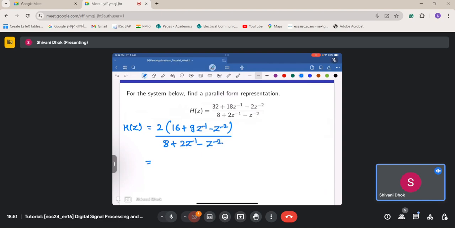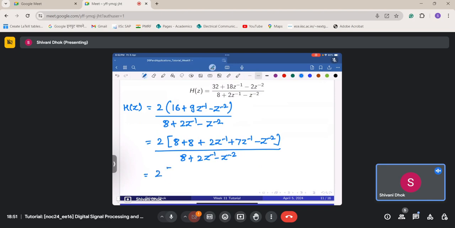Now inside the bracket, I can write this 16 as 8 plus 8, then this 9z inverse as 2z inverse plus 7z inverse, minus z to the power minus 2, divided by 8 plus 2z inverse minus z to the power minus 2.